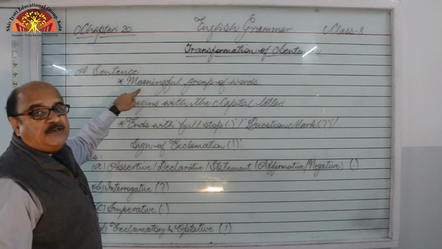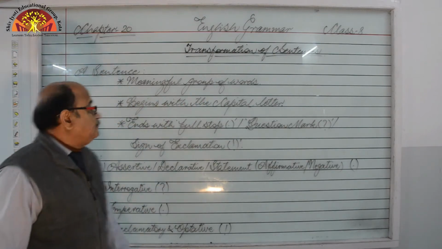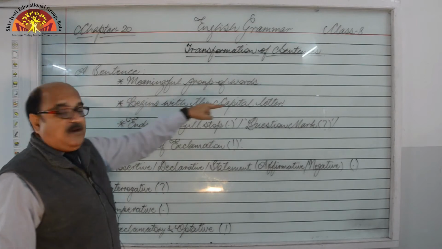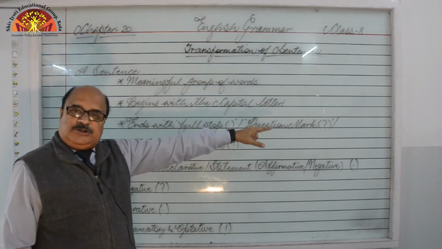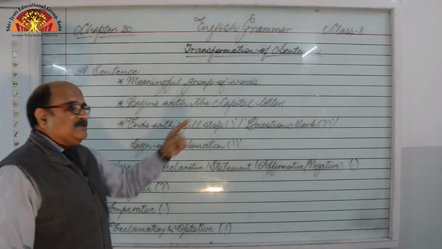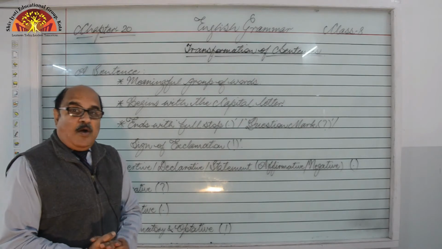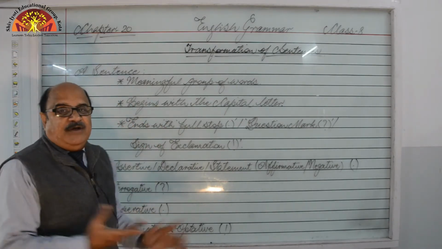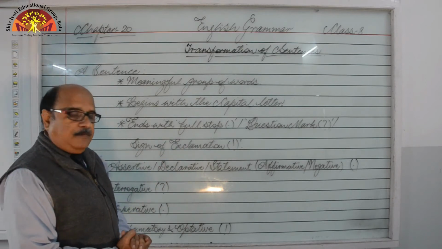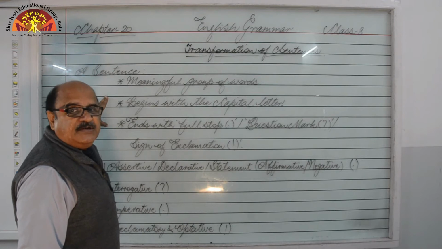So first property is clear, every meaningful group of words beginning with a capital letter, ending with a full stop, question mark or sign of exclamation is called a sentence. Okay students, only then you can call this group of words a sentence, otherwise it's of no use, right? So now you have come to know what a sentence is.